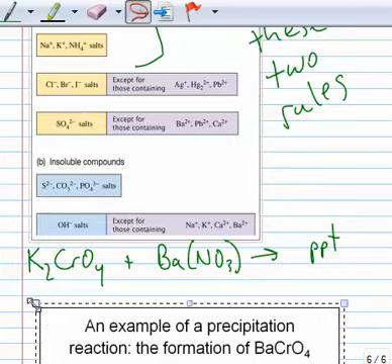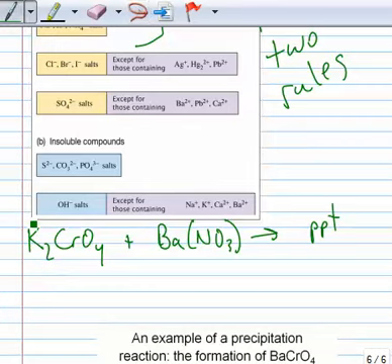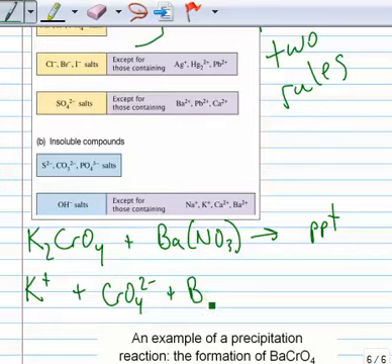To do this, we're going to first identify the ions that are present in solution. And so we will write, we have K+, we have CrO4 with a 2- charge. We can tell it's a 2- because we have 2 potassium ions here. And again, this is a polyatomic ion. And then we have barium ions. And we have nitrate ions.